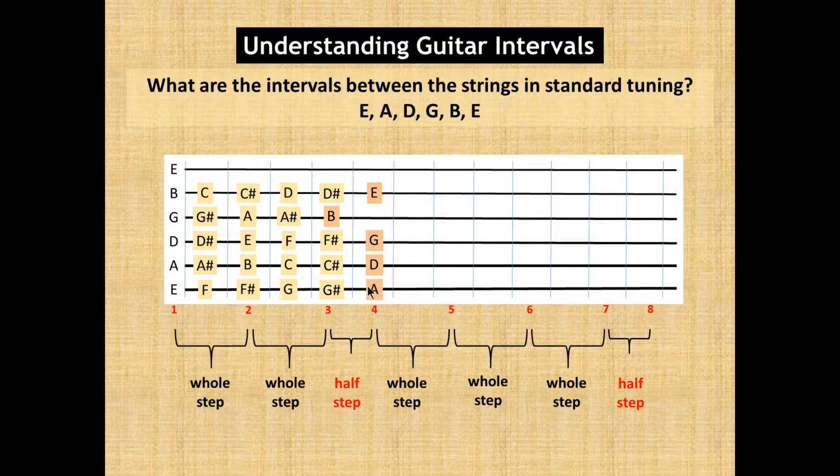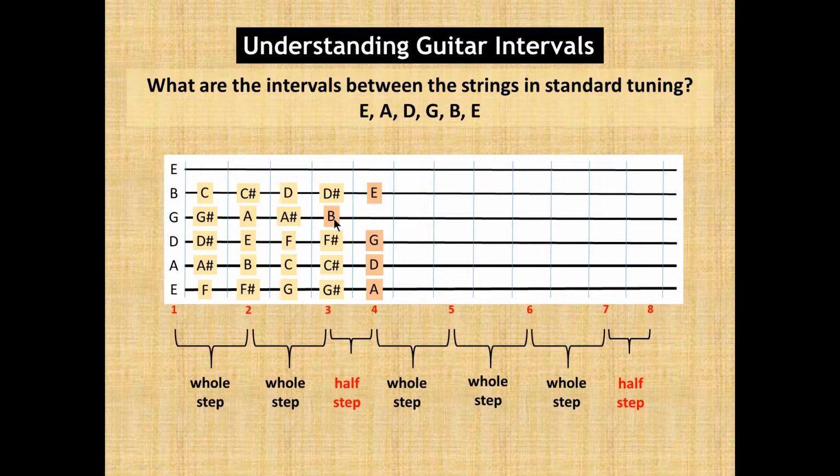So this 5th fret on the E string is the tone for the open A. And when you tuned this string until it sounded like the E string on the 5th fret, you had the A string in tune. Then if you played the 5th fret on the A string, you got the open D. And if you played the 5th fret on the D string, you got the open G.